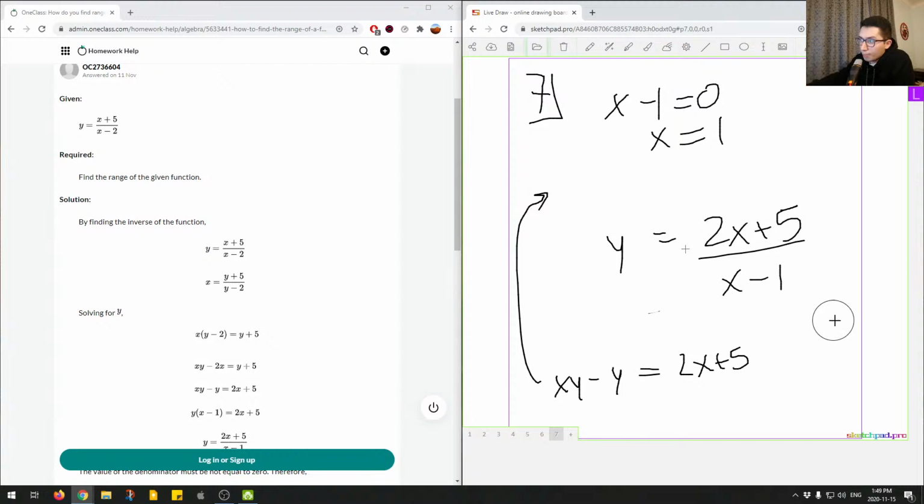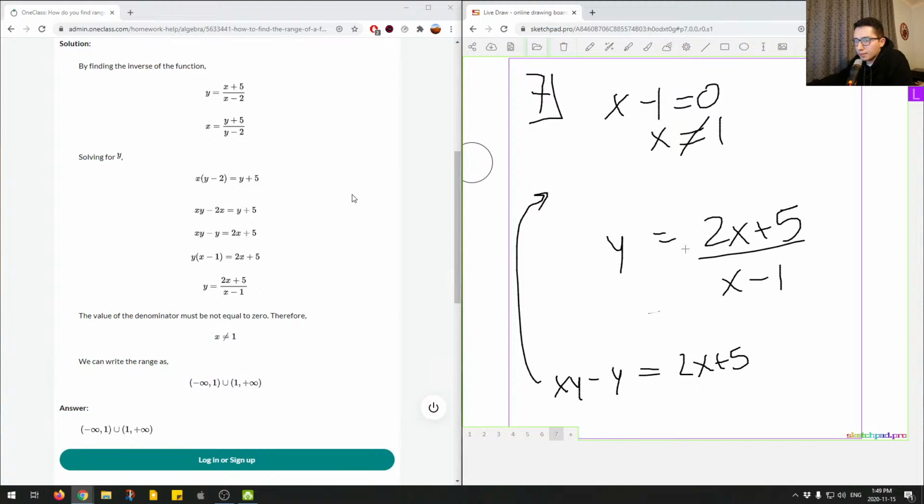The denominator cannot be equal to 0 because if we have something divided by 0, it'll just be undefined. That's just a general rule for algebra. And then we know that for this function, x does not equal 1.